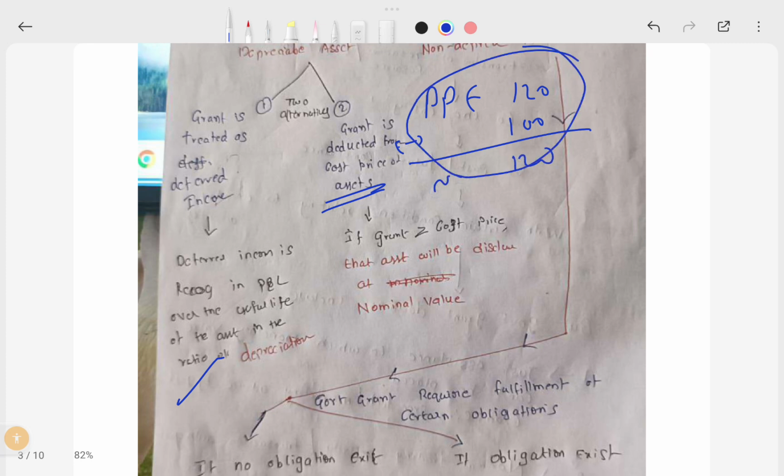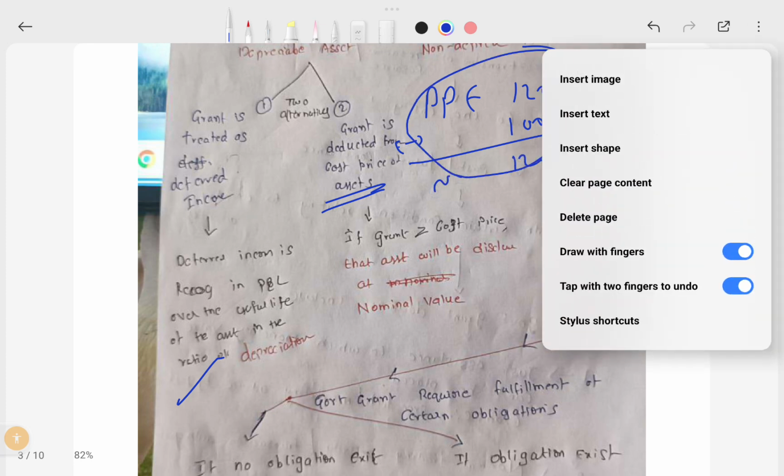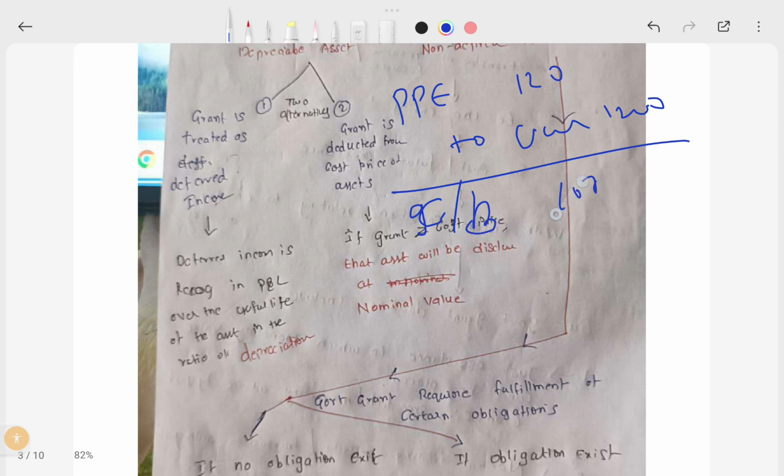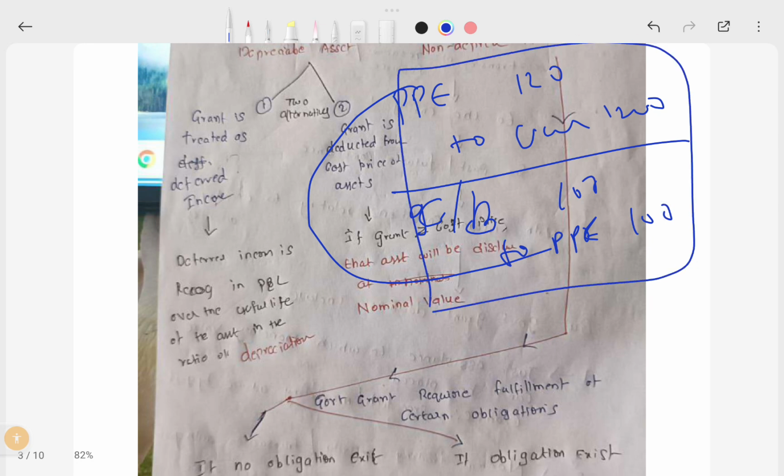So the entry would be PPE 120 crores to vendor 120 crores. You have received the government grant, right? Cash or bank account 100 crores to PPE. There is a reduction in the value of 100 crores. So net PPE would be 20 crores only.